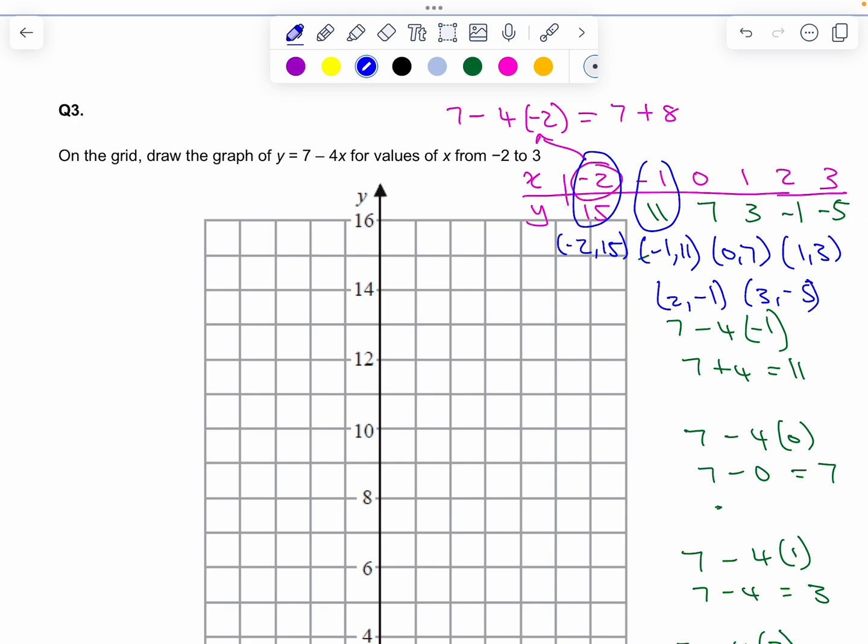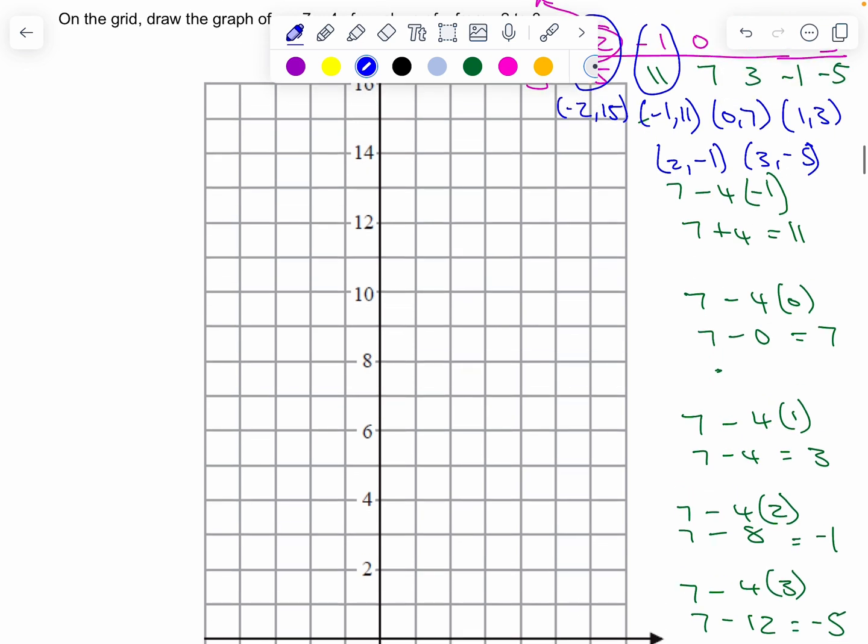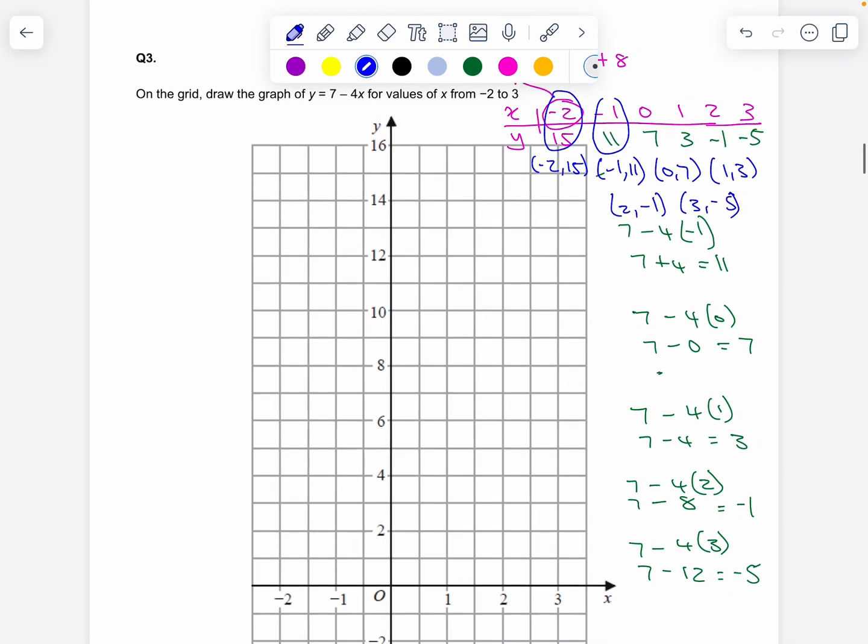So you plot those. So let's quickly do that. -2, 15 is here. -1, 11.